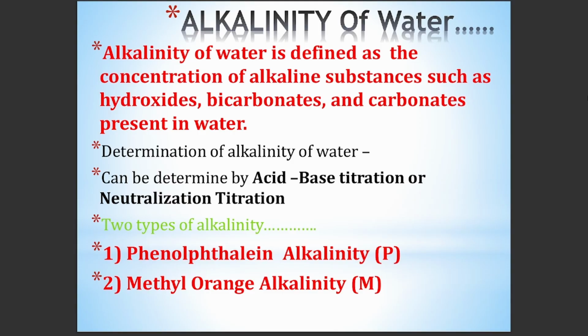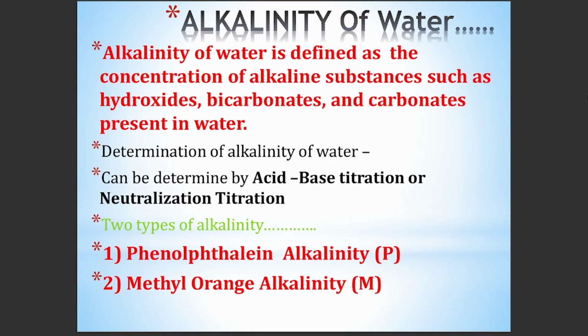The natural water may be alkaline due to the presence of hydroxides, bicarbonates, and carbonate compounds dissolved in water. Hydroxides such as ammonium hydroxide, calcium hydroxide, bicarbonates like calcium bicarbonate, magnesium bicarbonate, iron bicarbonate, carbonates like magnesium carbonate, iron carbonate. These are a few salts which cause the water to be alkaline.